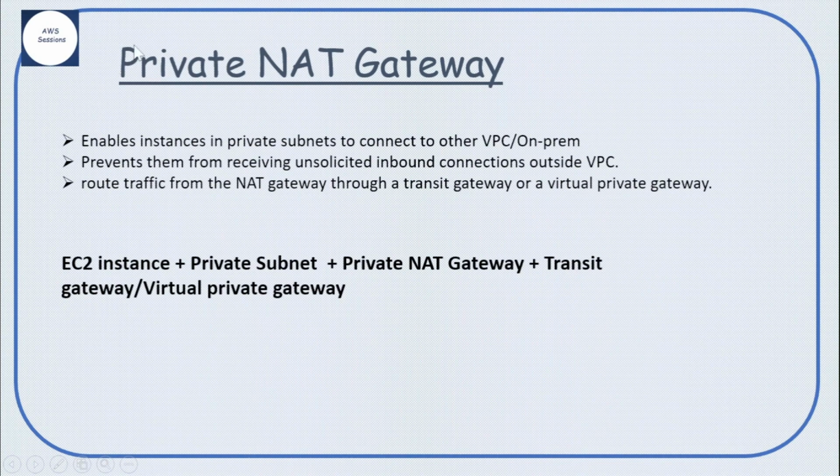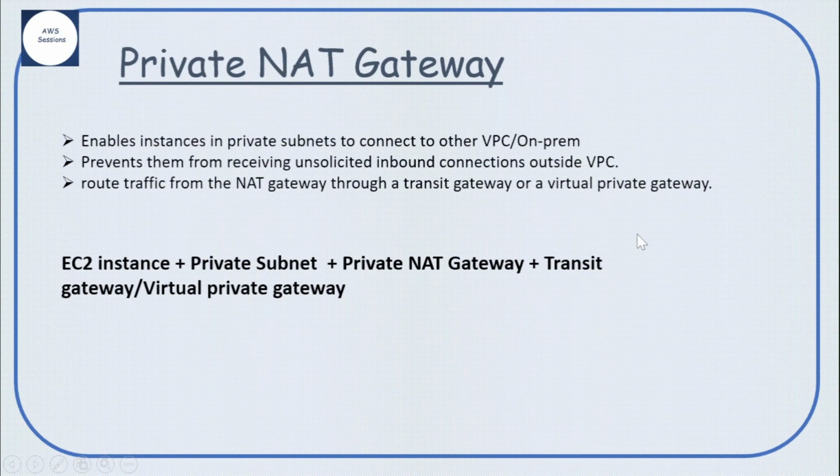Another type of NAT gateway is the private NAT gateway. Again, in this case, the requirement is that you want your instances in private subnet to connect to other VPCs or an on-prem network. Again, it will prevent outside connections. So you have to create a private NAT gateway that will route the traffic through a transit gateway or a virtual private gateway.